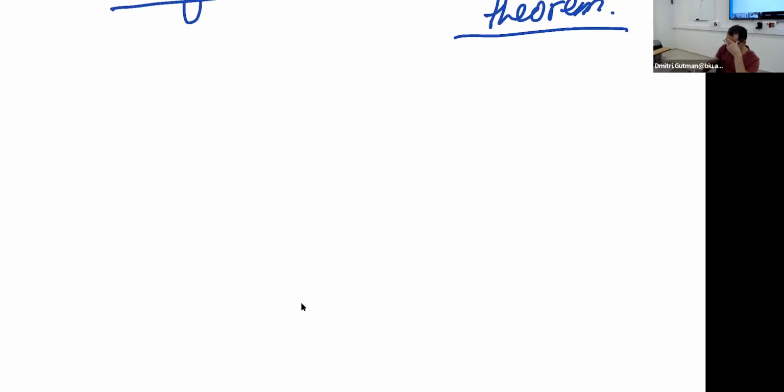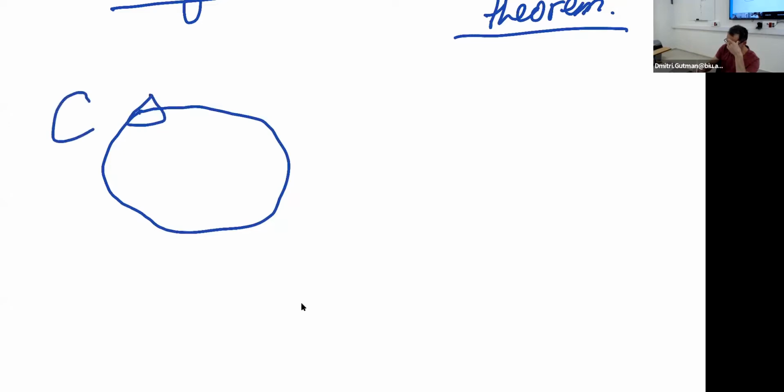So let's assume that there is some domain D with a boundary C. And inside this domain, but not on the boundary, there is a singularity W. And for simplicity, let us for now assume that that's the only point of singularity inside C. Then we can generalize.